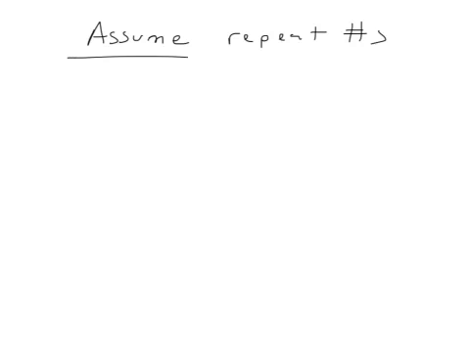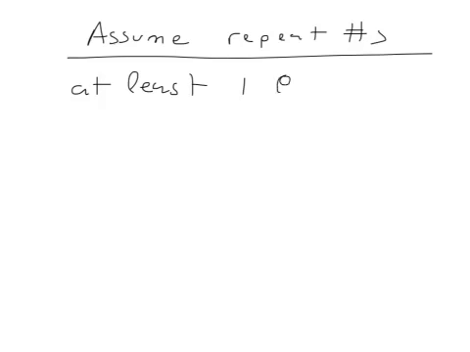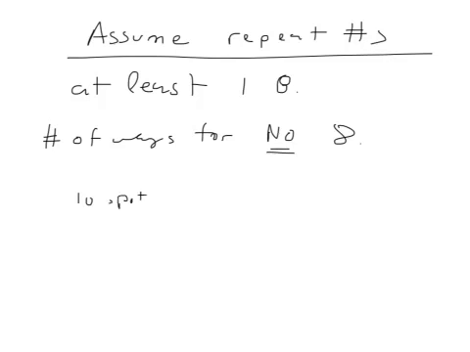So the idea here, if we're talking about at least 1 8, let's find the number of ways for no 8. Well, the number of ways for no 8 would be 10 spots, and for each spot you're choosing a digit that isn't 8. So how many digits can you choose? 9 digits. So this would just be 9 times 9 times 9, 10 times, or 9 to the 10th.